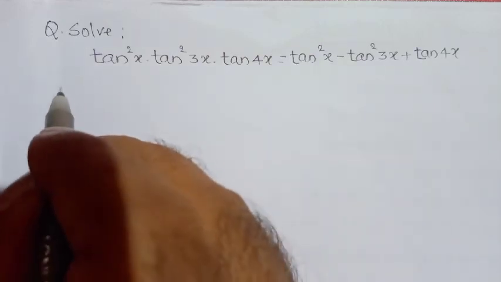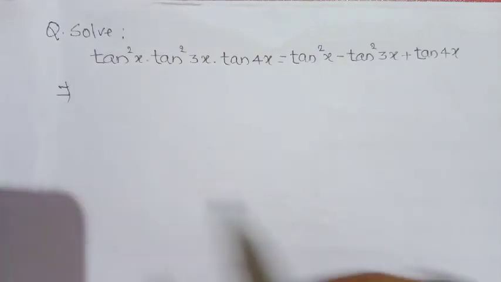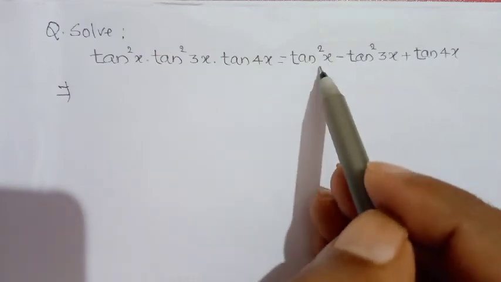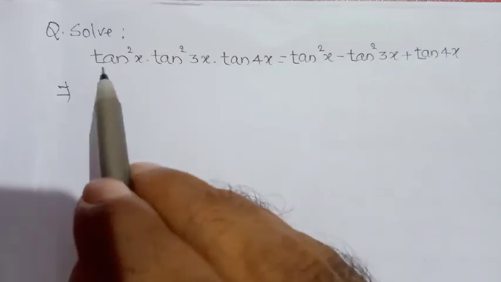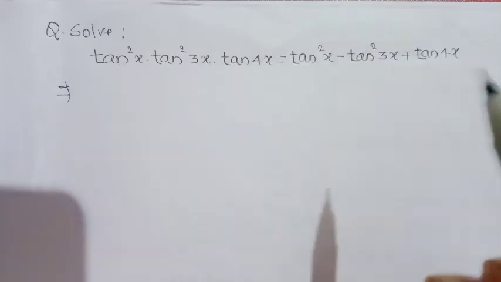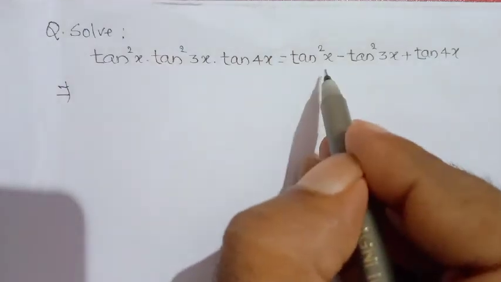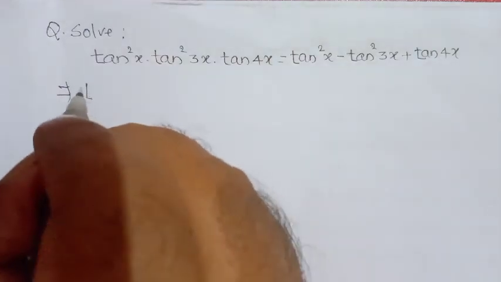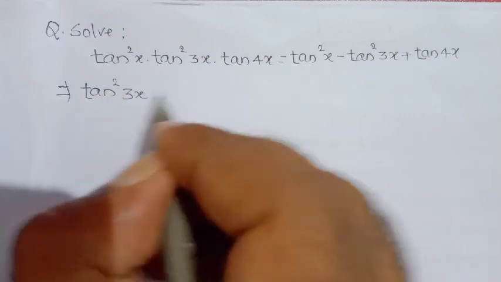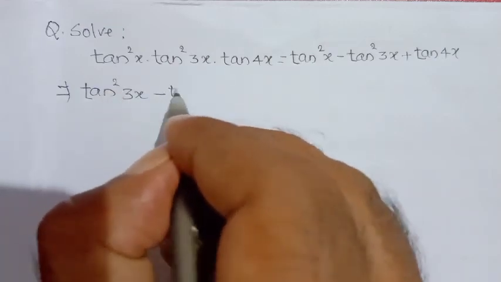In the very first step, transfer these two terms to the left side, and this one term to the right side. So these terms on the left side should be written as tan square 3x minus tan square x.